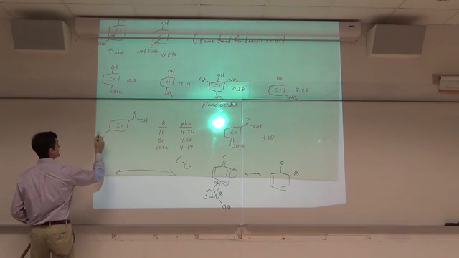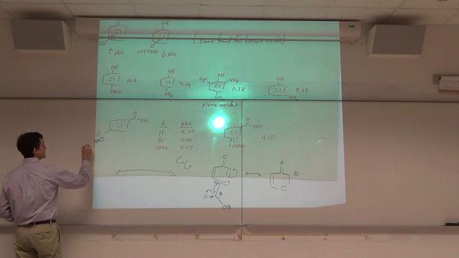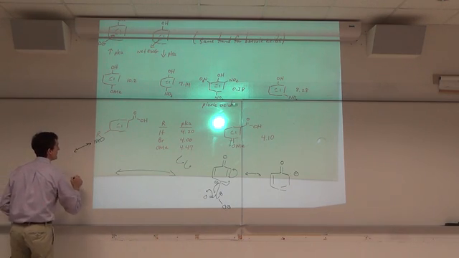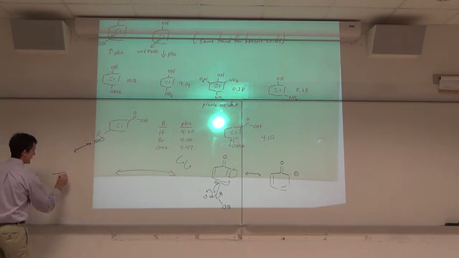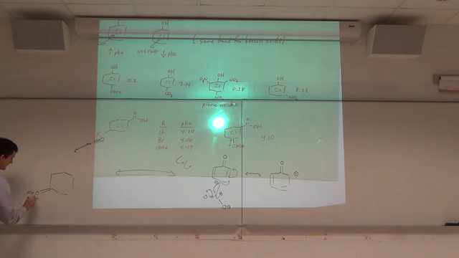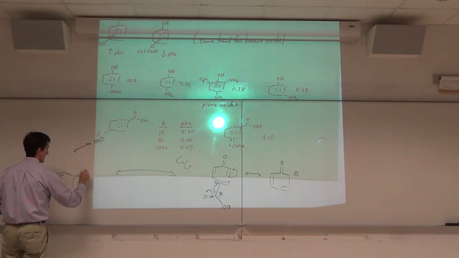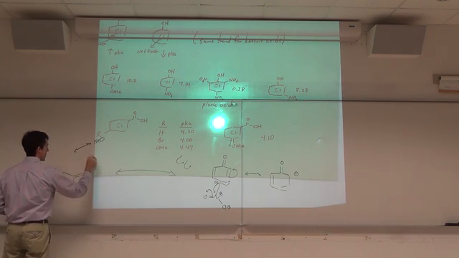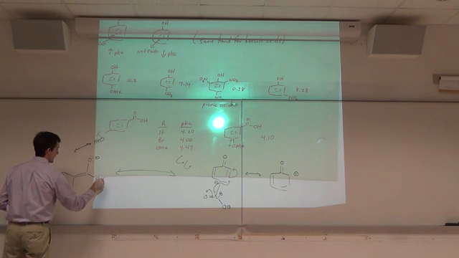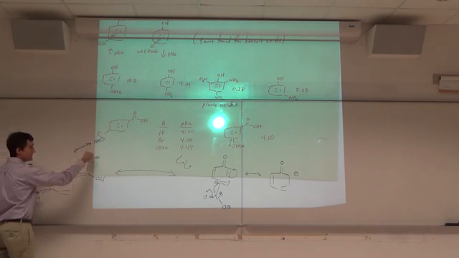The reason being is, if we make this O-methyl here, and start drawing resonance structures, I'm going to ask you to draw these on your own. But you can get to a resonance structure, these electrons, you can show them resonating all the way into that carbonyl over there.